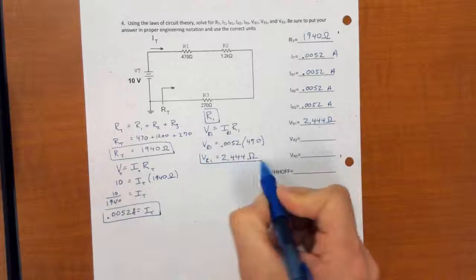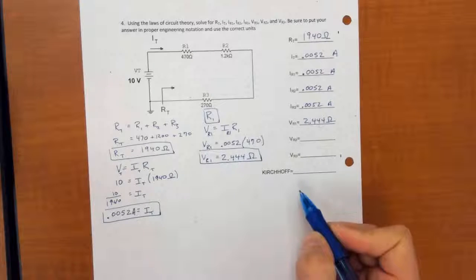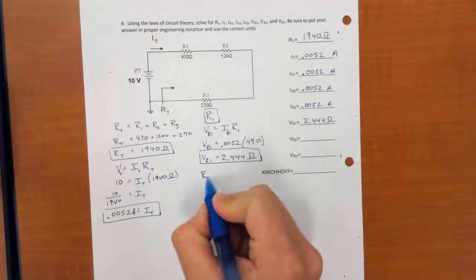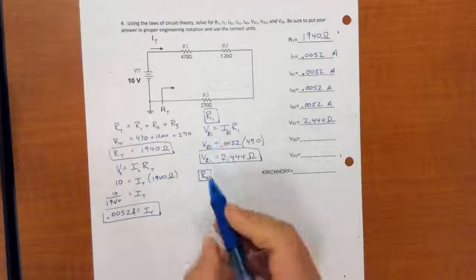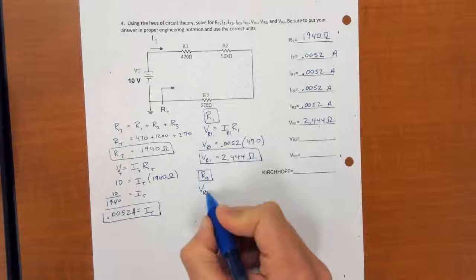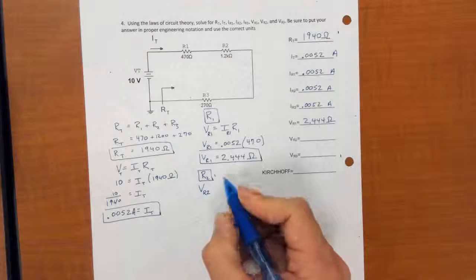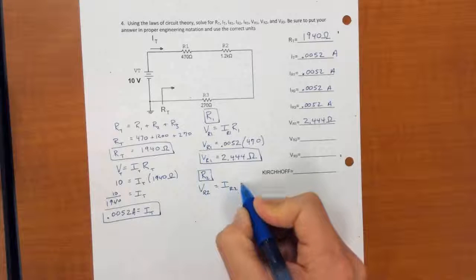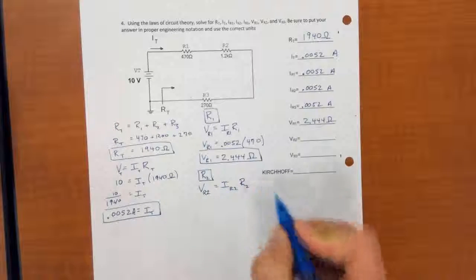Now we can repeat that exact process for the other two resistors. So at resistor 2, we can have Ohm's law. The volts at resistor 2 equals the current at resistor 2 times the resistance of resistor 2.